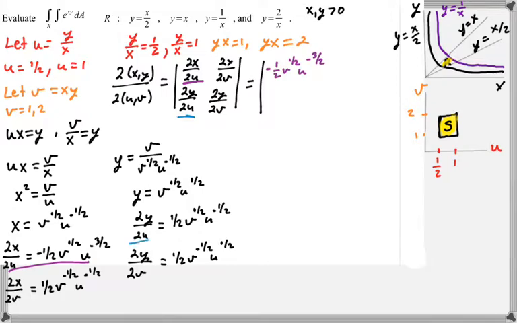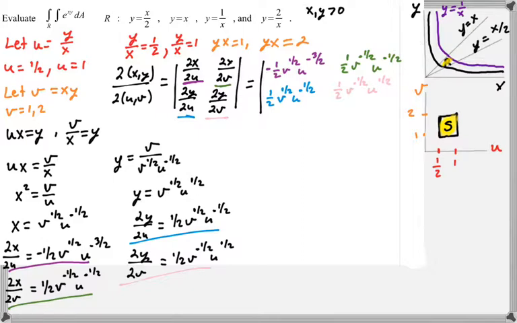Partial of y with respect to u is 1/2 v to the 1/2, u to the negative 1/2. Partial of x with respect to v is 1/2 v to the negative 1/2, u to the negative 1/2. And lastly, partial of y with respect to v is going to be 1/2 v to the negative 1/2, u to the 1/2. Sorry, I might have said the wrong variable.